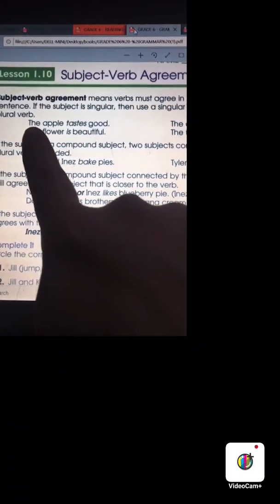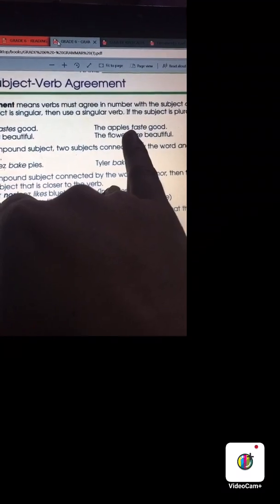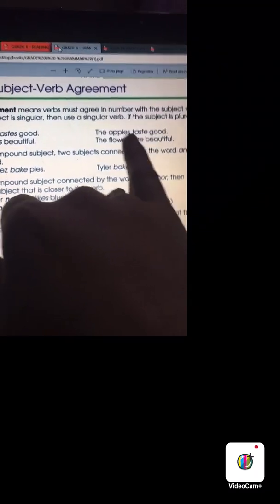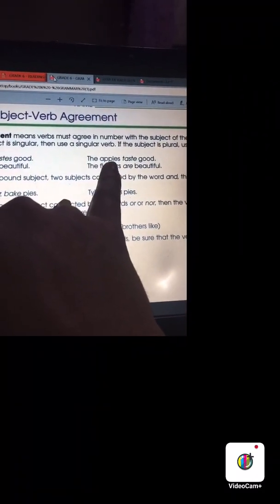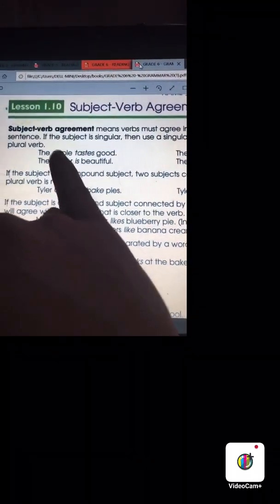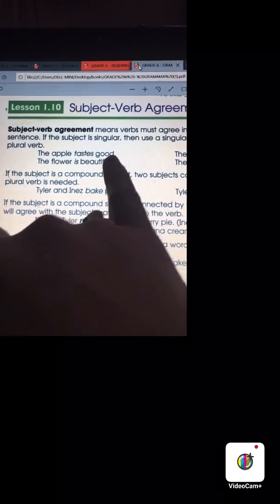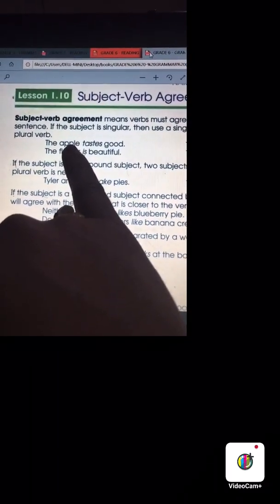If it's plural, for an example, the apples taste, they taste, because we don't add s to I, you, we, and they taste. But in the case of apple, that is an it, you have the apple tastes good, tastes, because apple is an it, is a thing, so we have to add s to the verb.